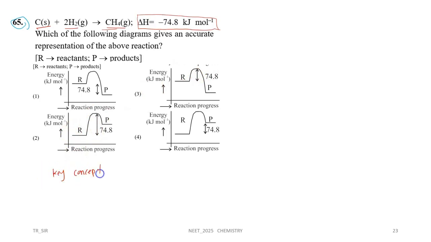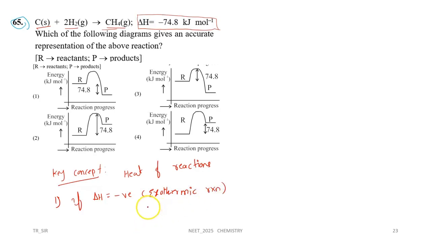The key concept involved here is heat of reactions. In the given case, first statement: if del H value is negative, then it is an exothermic reaction.